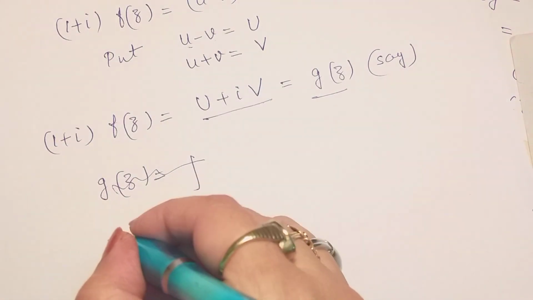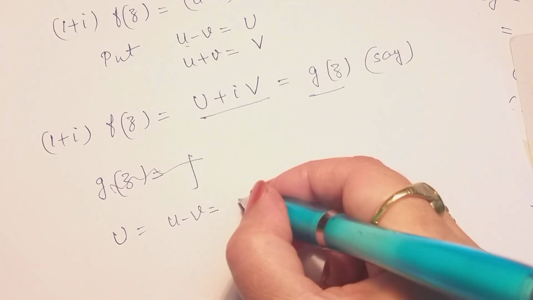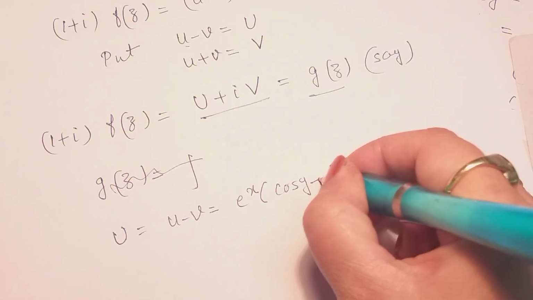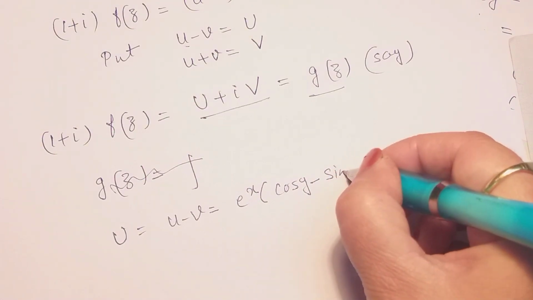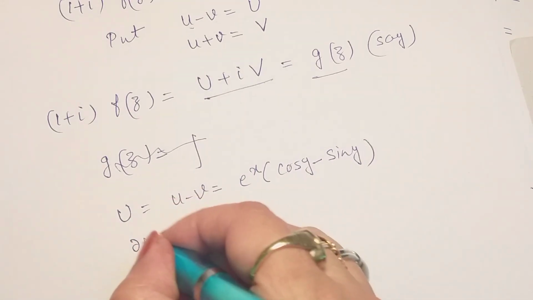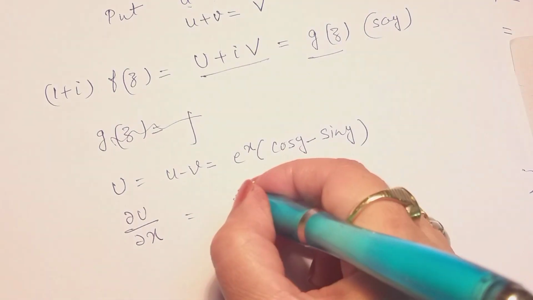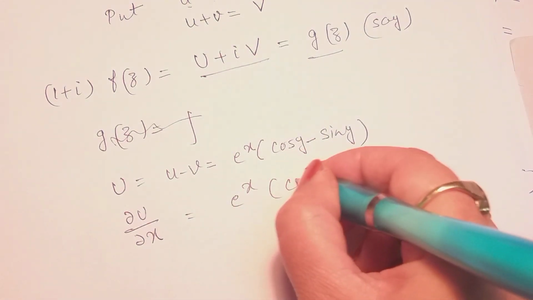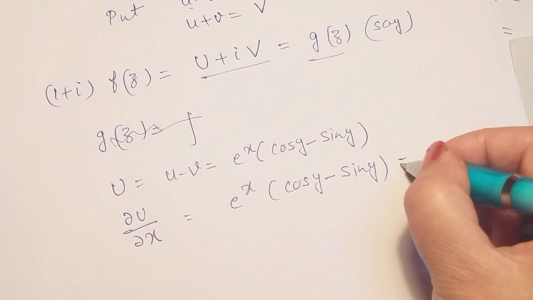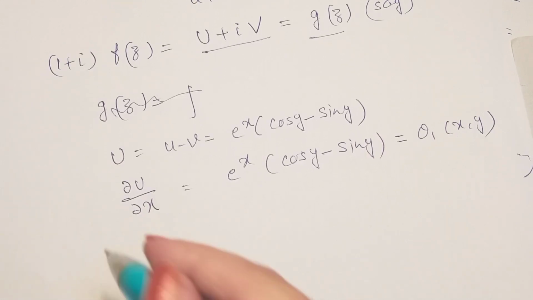So U, u minus v, is given as e to the power x (cos y minus sin y). Now we differentiate this function with respect to x. Del U by del x is equal to e to the power x (cos y minus sin y). It is theta 1 (x, y).